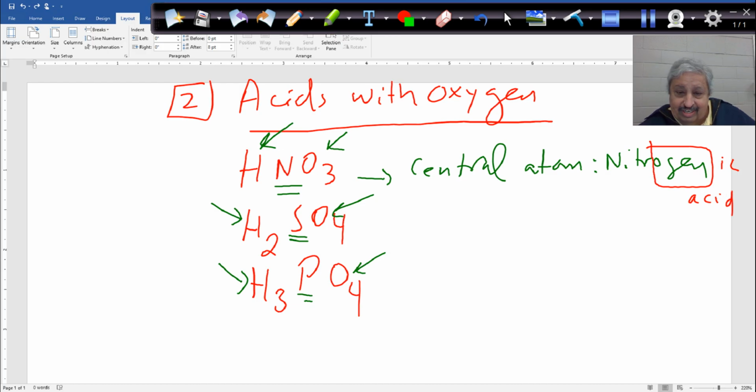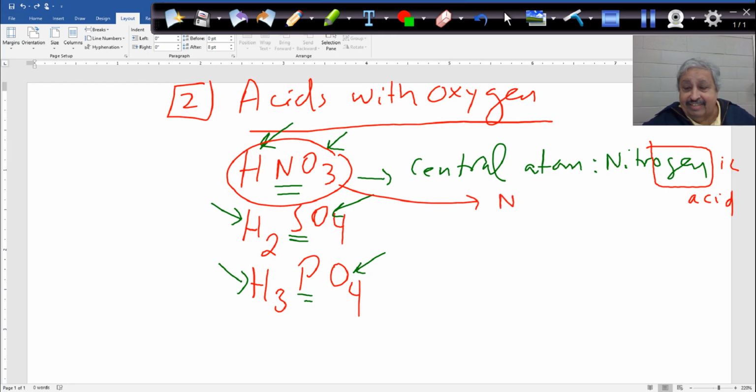So this one will be named nitric acid. Instead of nitrogen, it is modified to nitr-, and then add ic acid: nitric acid.